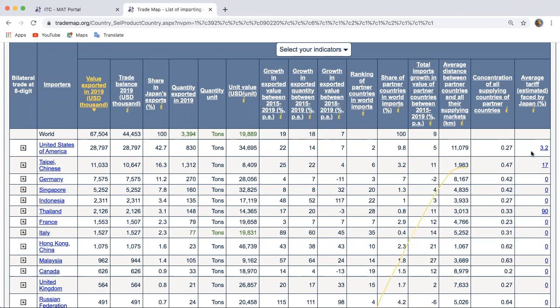So you would need to go into the other tool to actually see what is happening to our product in this market, in the US market, or in any of these markets. For example, Thailand on average is levying 90% to Japanese green tea. So I suspect there is one type of green tea, or a few types of green tea, which does not face this type of tariffs.